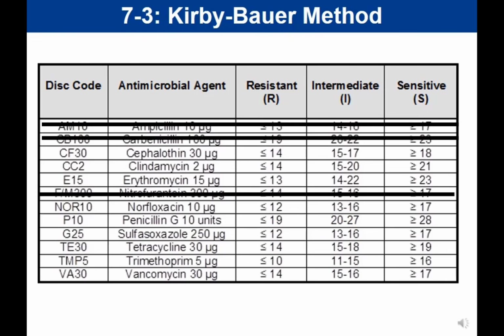So you just need to be able to know how to look at the plate, measure the zone of inhibition, and then use the table to determine if bacteria are resistant, intermediate susceptible, or sensitive to that drug. And again, you do not need to memorize this table. It's going to be given to you if asked a question related to this.